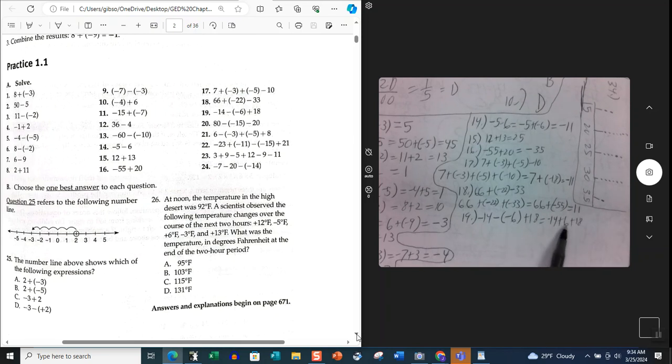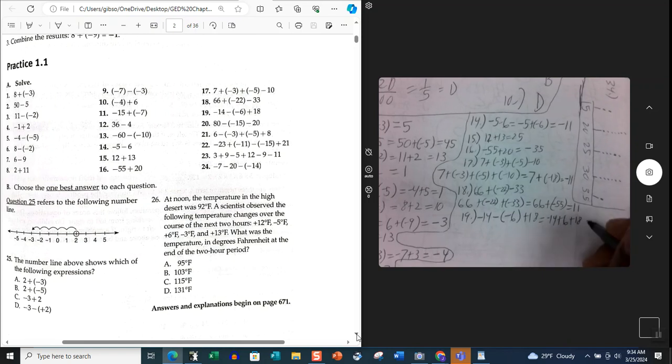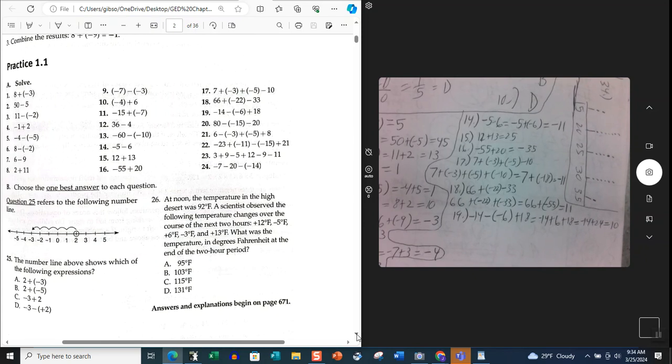Now we would combine the like signs. 6 and 18 would give us 24. So it's negative 14 plus 24. Now negative 14 plus 24. 24 is larger than 14. So we know our answer is going to be positive. And 24 minus 14 is just 10. So 19, your answer is just 10.